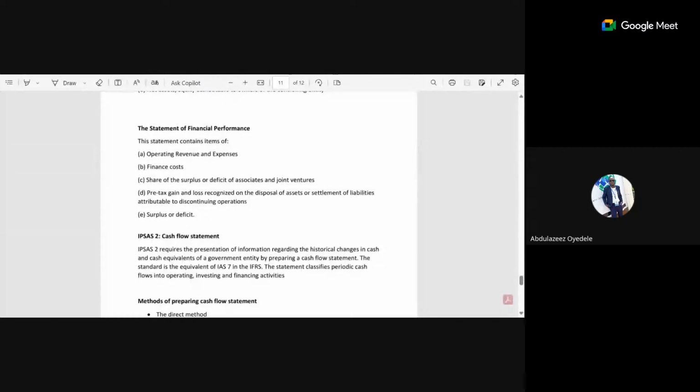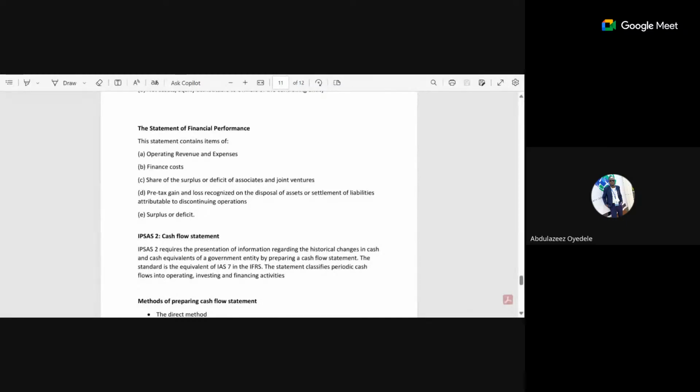We were able to prepare the other three fundamental ones, which are the statement of assets and liability, consolidated revenue fund, and the statement of capital development fund. So now we'll leave the cash flow statement until we get to this accrual basis. That was what I said last week.